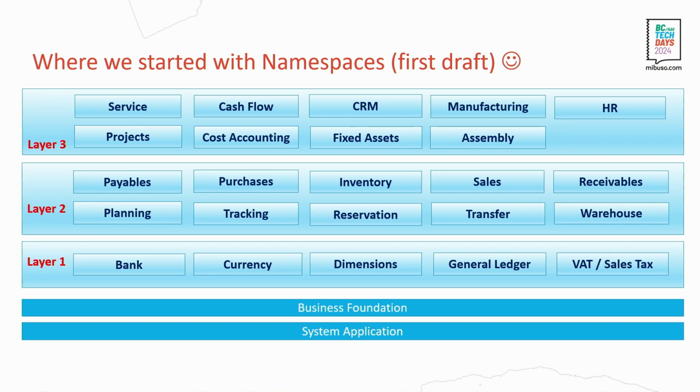If you have a very big extension, I would really recommend you think about how you would like to use namespaces. What kind of dimension is most important for you when you implement namespaces? You can implement it, for example, for tables, it will be Microsoft cash flow tables. For pages, it can be Microsoft cash flow pages, like we do for extensions right now.